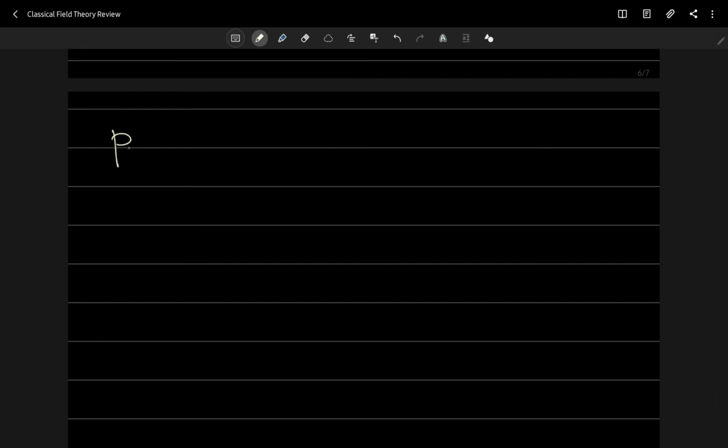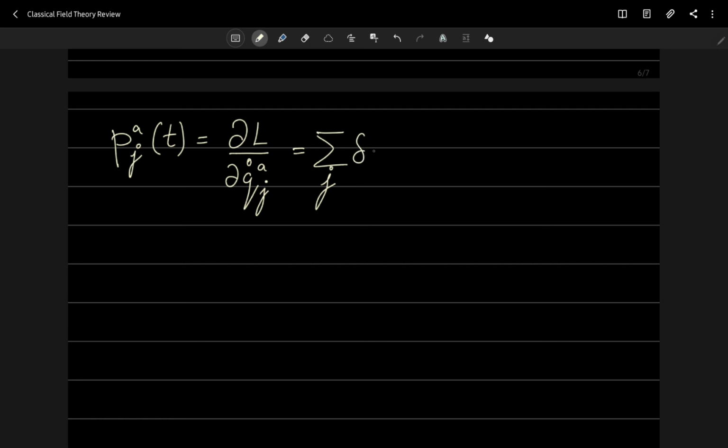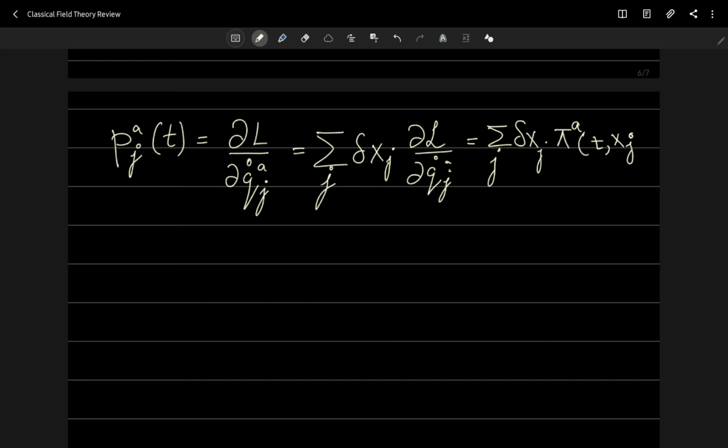And that is P_j, which is a function of time, equal to partial L over partial q dot j, which is equal to summation over j of delta x_j multiplied by partial L over partial q dot j, which is equal to summation j delta x_j times pi^a(t, x_j), right?